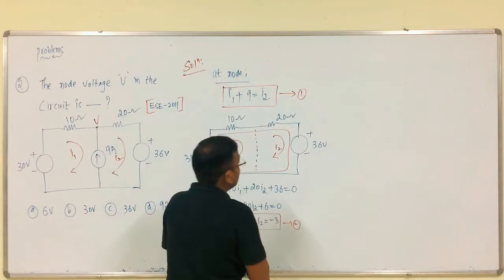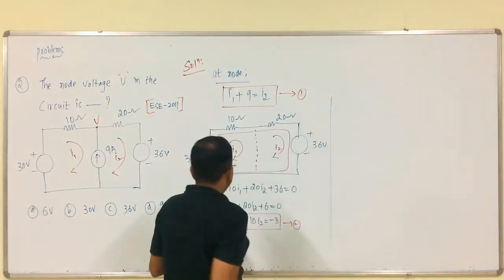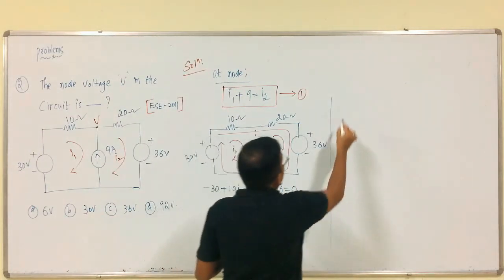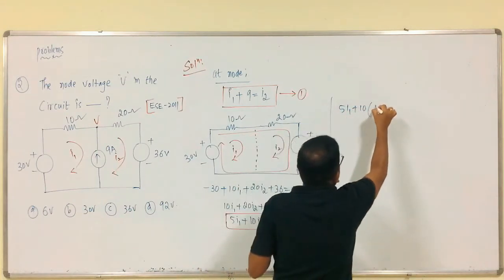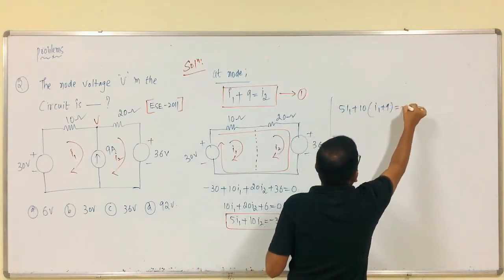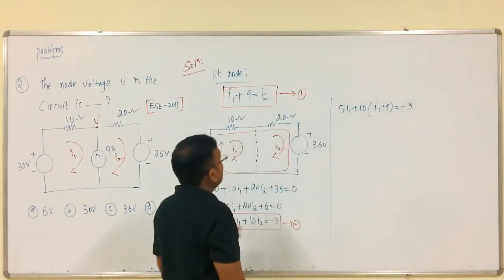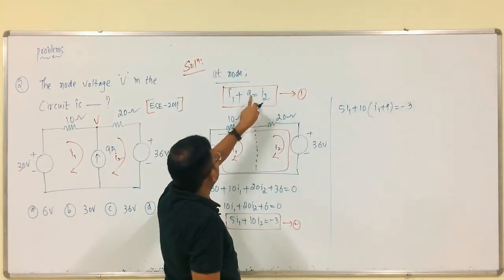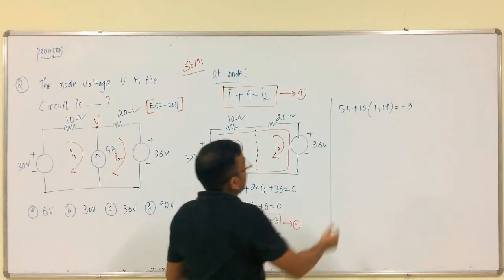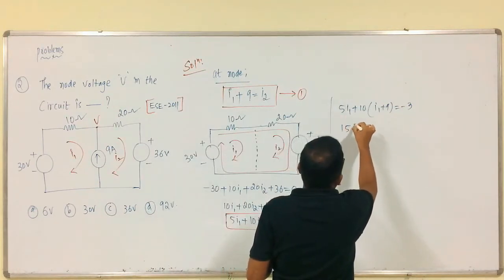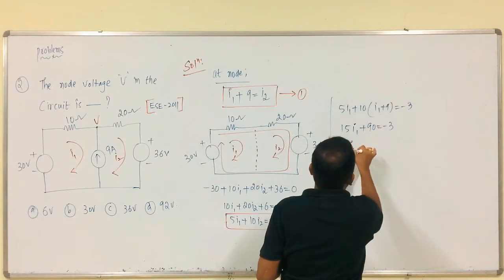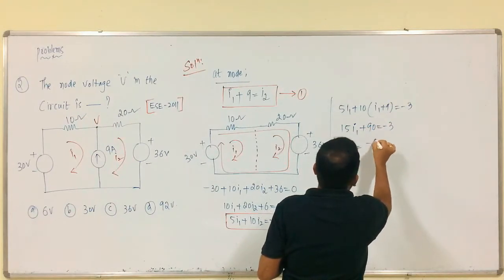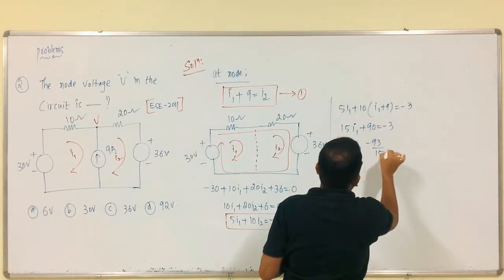This is 2. So, from 1 and 2, 5 I1 plus 10 into I1 plus 9 is equal to minus 3, right. From 1 and 2, we are substituting I2 in this place. So, 15 I1 plus 90 is equal to minus 3. I1 is equal to minus 93 by 15.